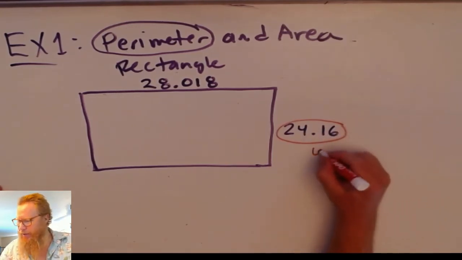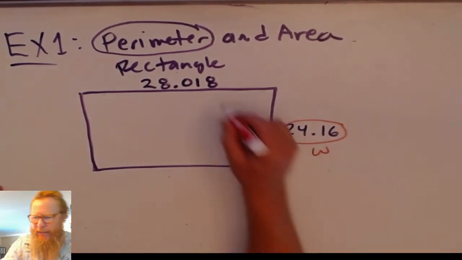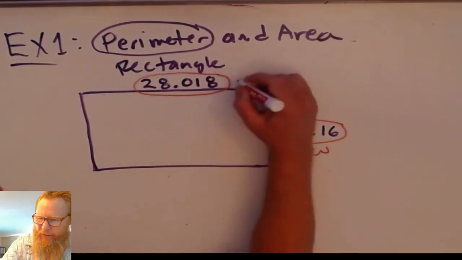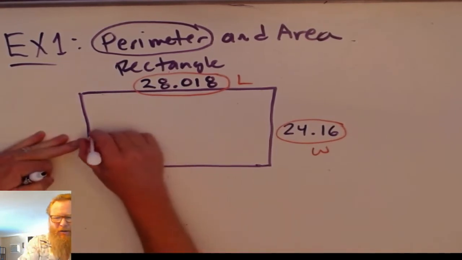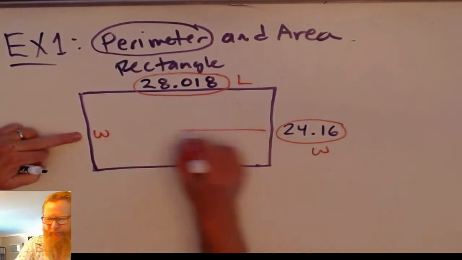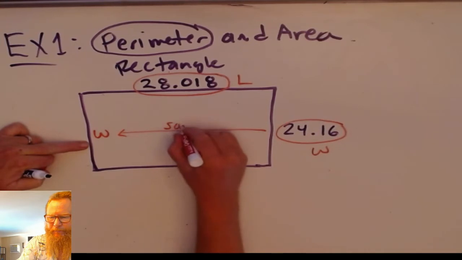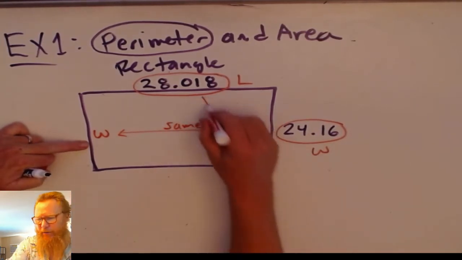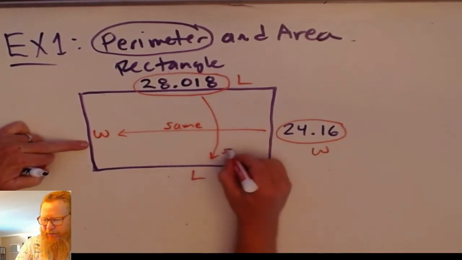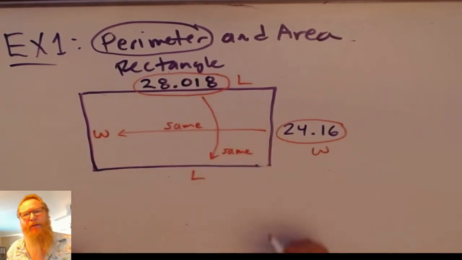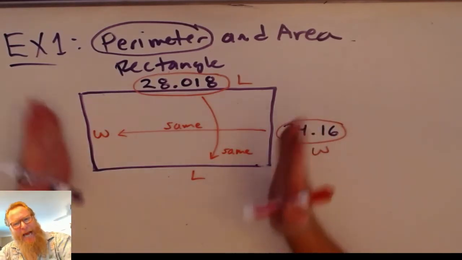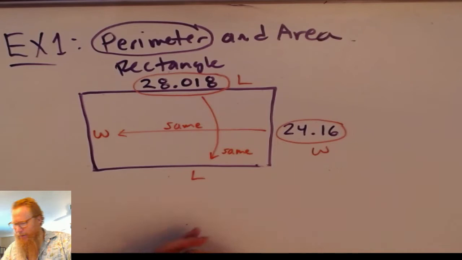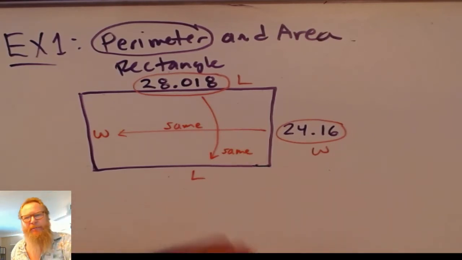That's typically called W. And we have 28.018. That's typically called L. You also have another W over here. Same W. And then you have another L down here, which is also the same as L up there. All right, that's what makes it a rectangle. You've got to forgive me, my camera is a little bit at an angle, so it might not look all that great, but it's a rectangle, okay?